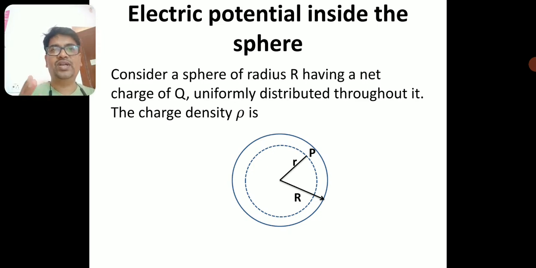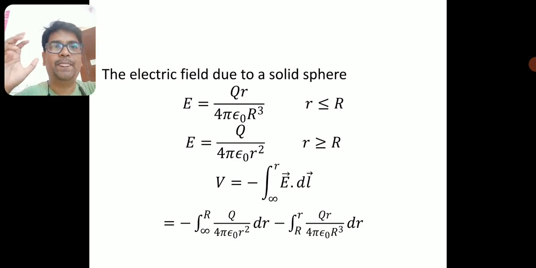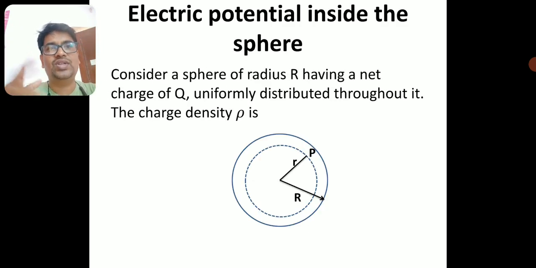So the charge density rho is the charge per unit volume. I have considered the point P inside a charged sphere this time, not outside. Outside was the earlier case. Now I have considered the point P to be inside a charged sphere of radius capital R.